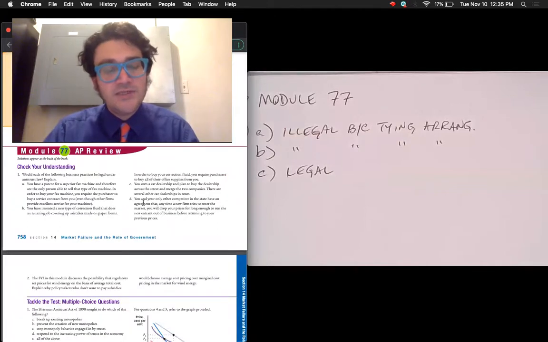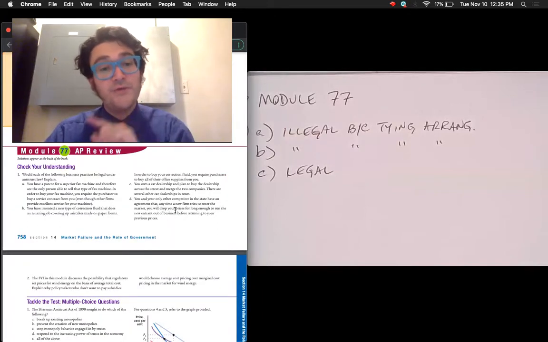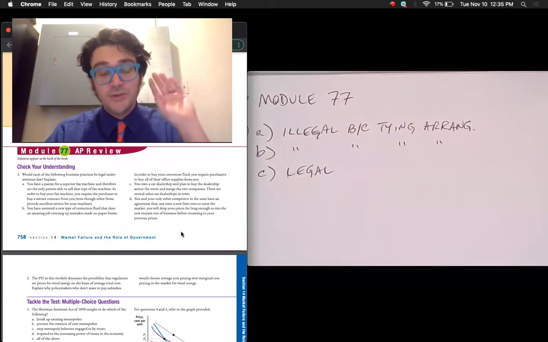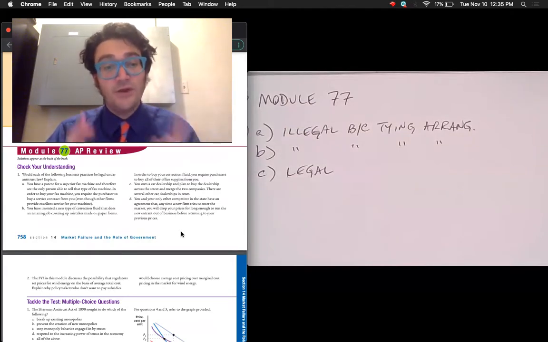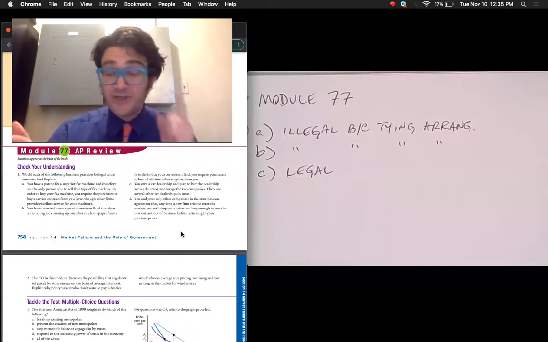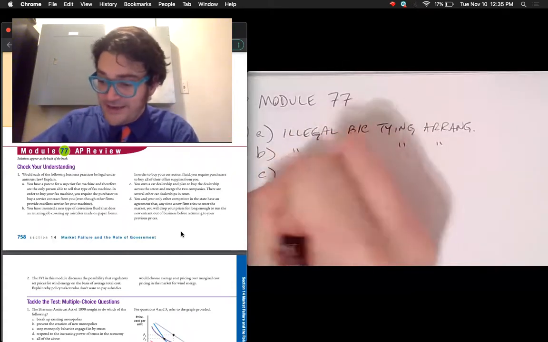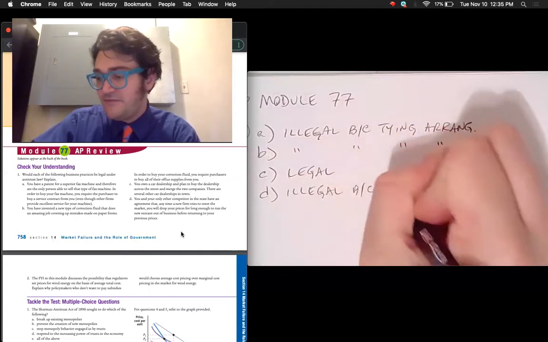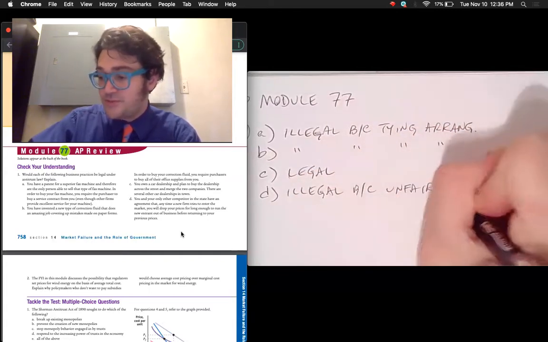Part D says you and your only other competitor in the state have an agreement that anytime a new firm tries to enter, you will both drop your prices for long enough to run the new entrant out of business before returning to your previous prices. That's illegal, because it's an unfair output restriction.